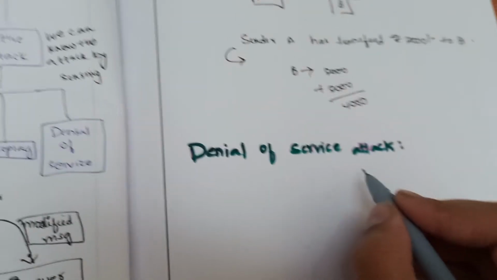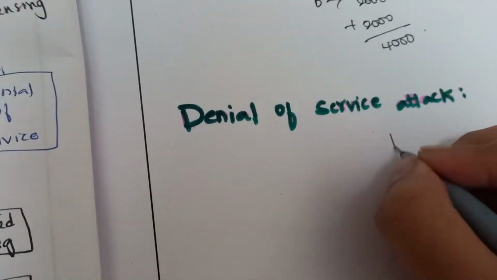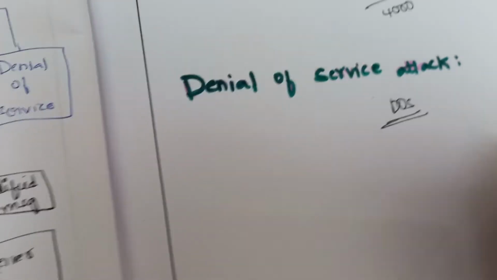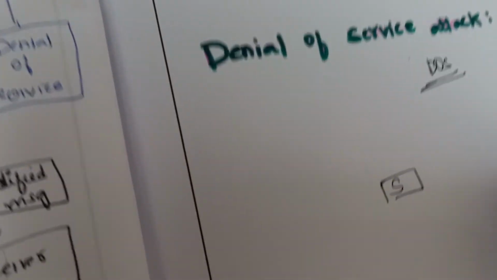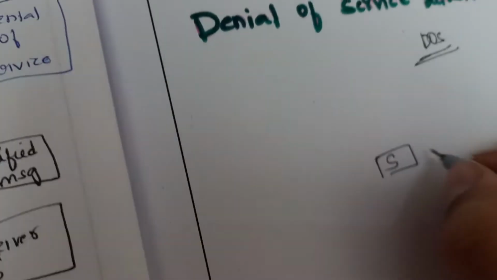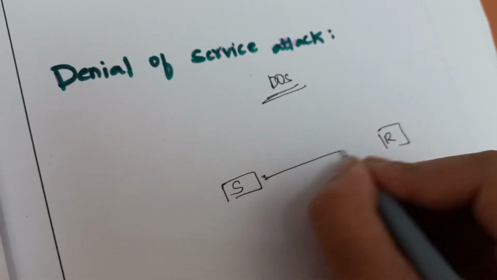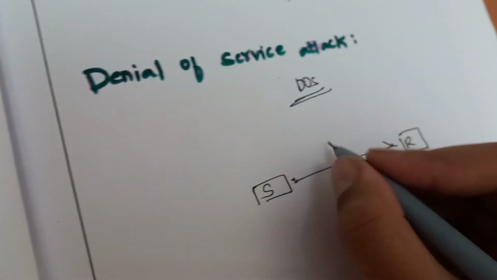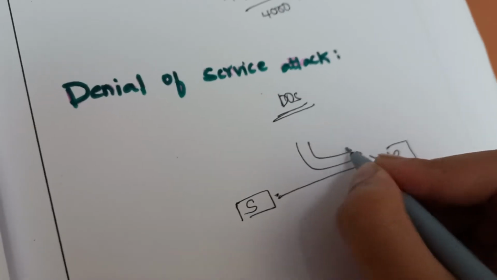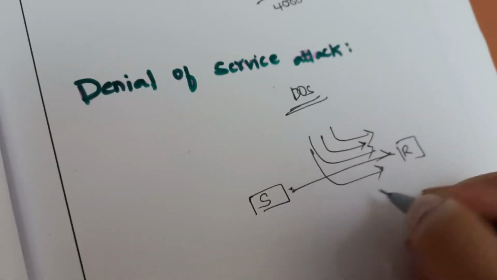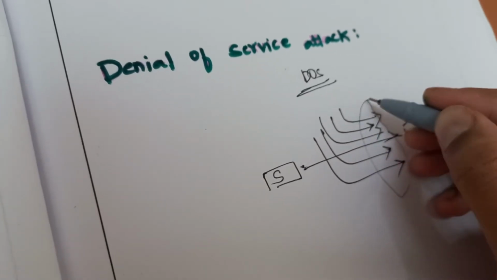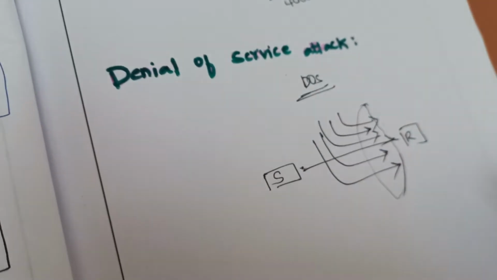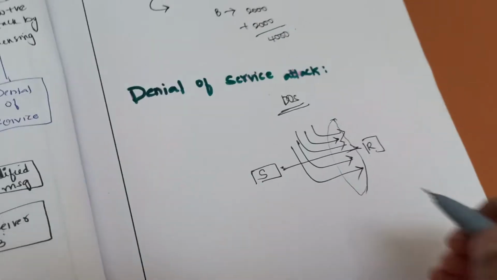The fourth type of attack under the active attack is the denial of service attack, also popularly known as DOS attack. In this DOS attack, let the sender be S and the receiver be R. When the sender is sending the message to the receiver, at the same time a large number of messages are sent from the attacker to the receiver. As a huge number of messages are received at the same time by the receiver, there may be two chances.